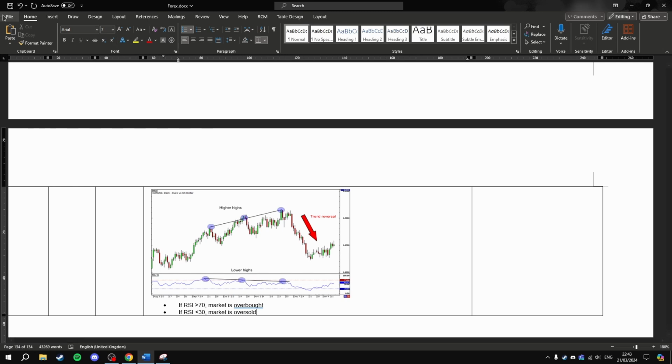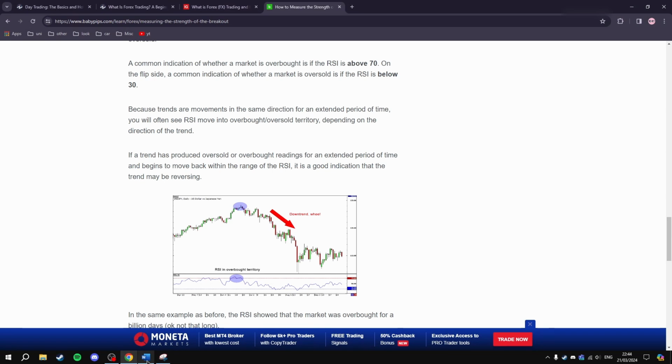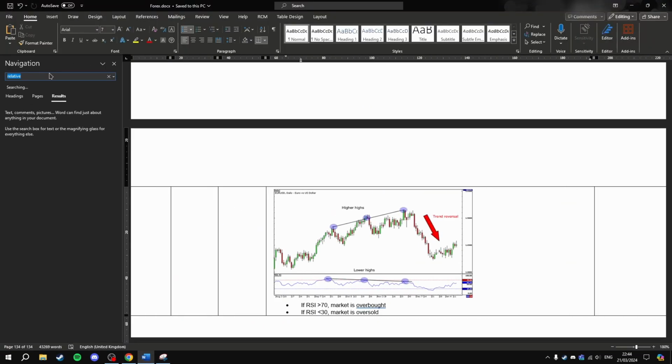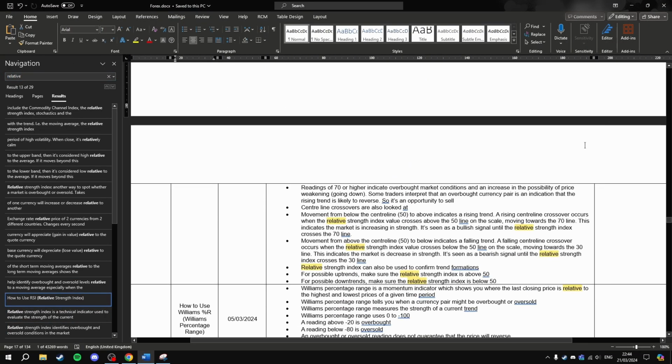Overbought means too many buyers, oversold means too many sellers. So if there's too many buyers and not enough sellers, then that means there's more demand than supply, so that means price is going to increase, right? If RSI is above 70. Wait, if RSI... Oh, never mind.